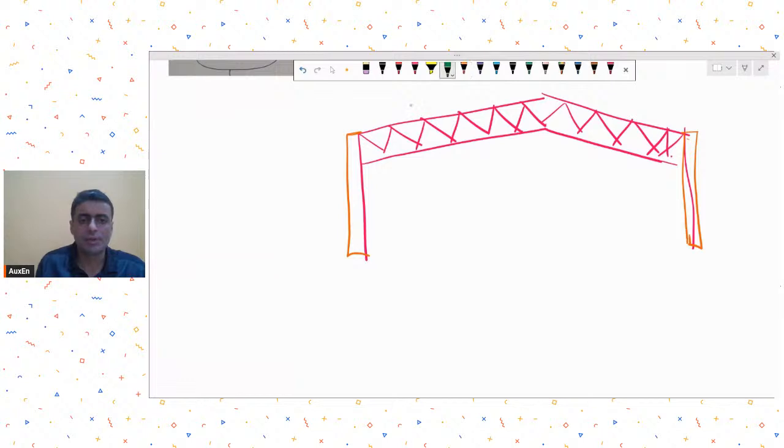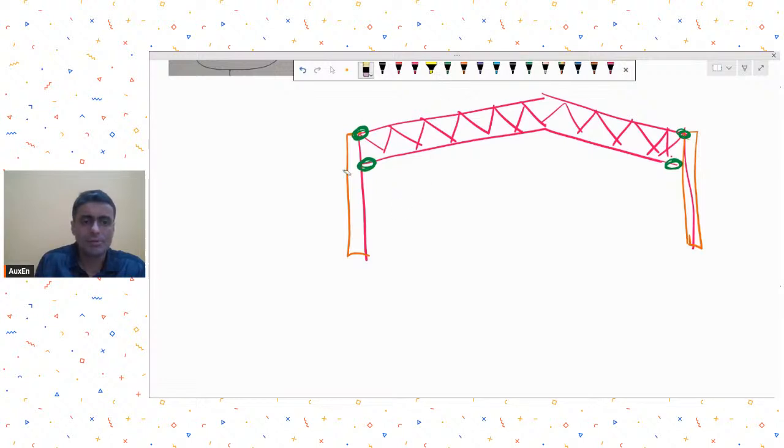That means you will develop a joint over here between the hollow section and column, and another joint over here between the hollow section and the column. So this can be one of the possible options in which you would join this hollow section truss with your column.